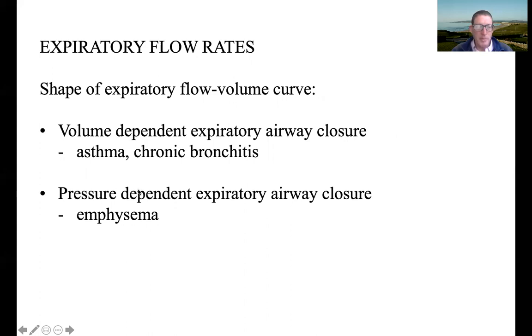Or you get a picture of pressure dependent airway closure. So as soon as you increase the airway pressure on initial expiration, the whole thing collapses like a concertina if you've lost the alveolar wall support. Think of a tent with guy ropes, and if you snip the guy ropes and a gust of wind comes along, the whole thing collapses. It's the same thing with emphysema.